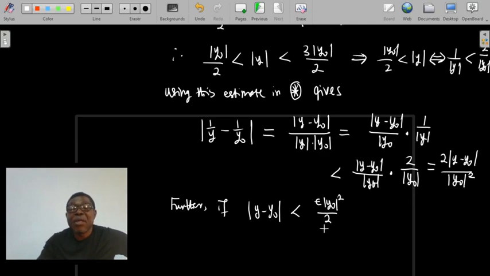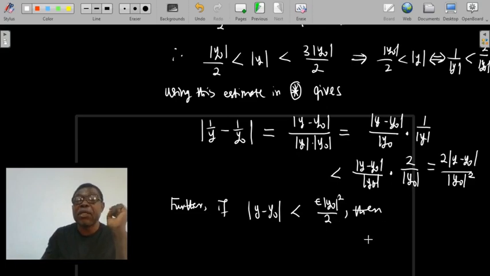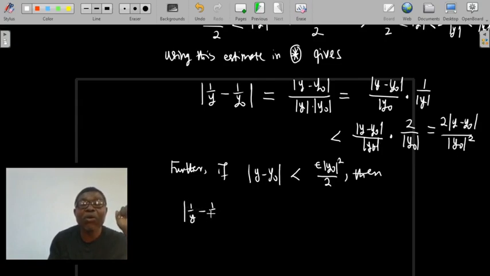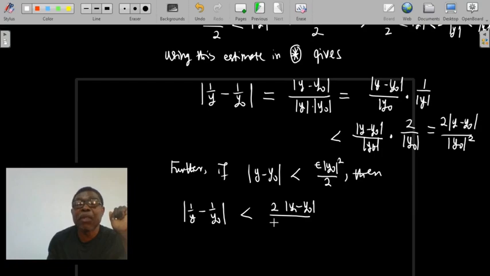If I do this, then watch what is guiding me. The factor of absolute value of y minus y naught is guiding me in this construction. I introduce epsilon here because of what I'm looking for, what I want to get. So if I have this, then absolute value of 1 over y minus 1 over y naught will be less than 2 absolute value of y minus y naught all over absolute value of y naught all squared.